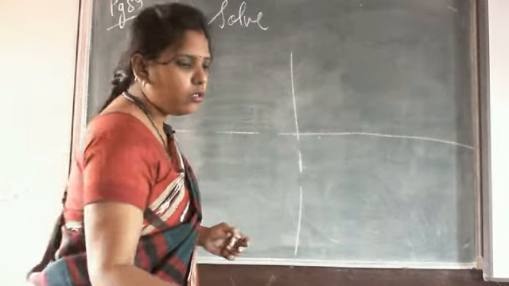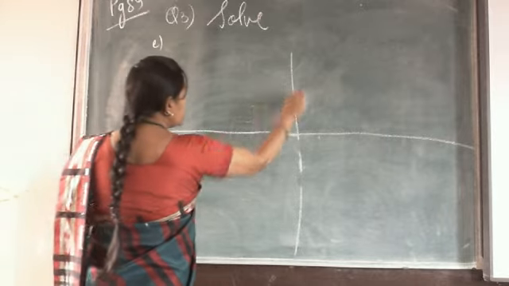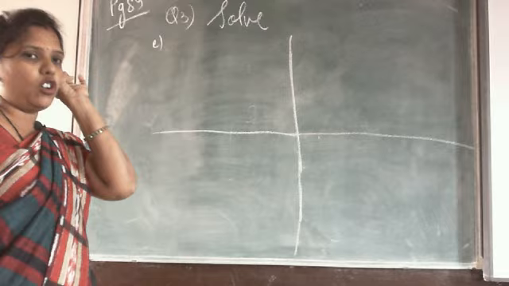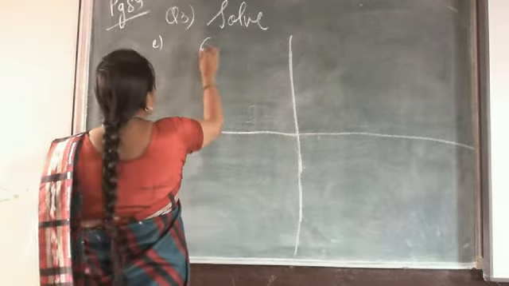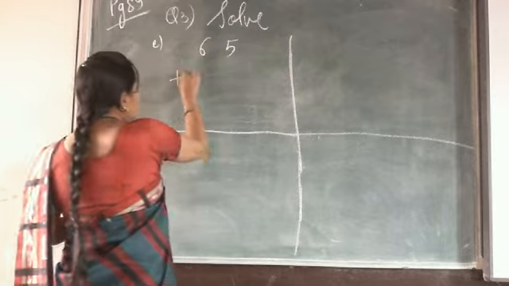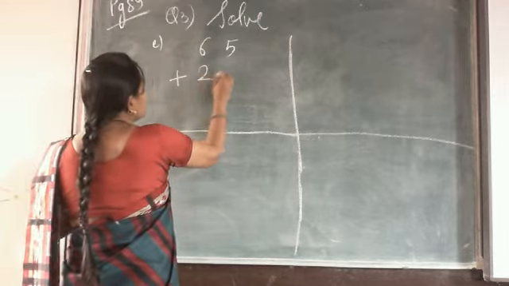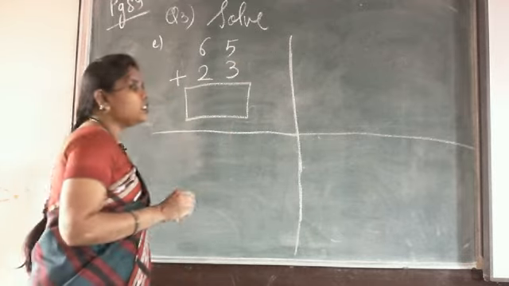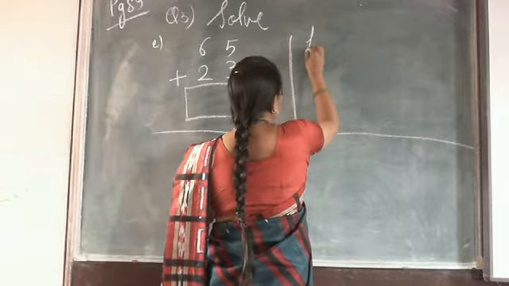Okay, now write E and these 4 questions you have to solve. Okay, write 65 plus 23. 65 plus 23.